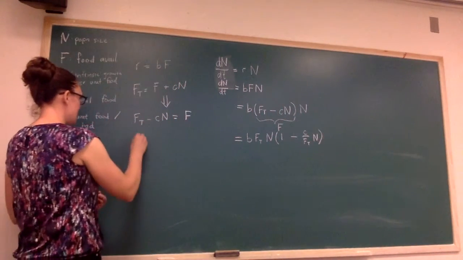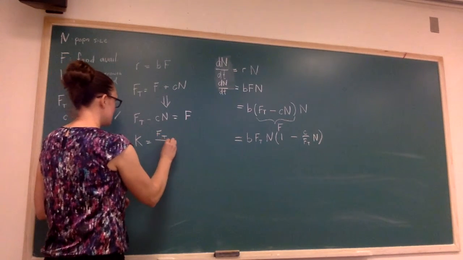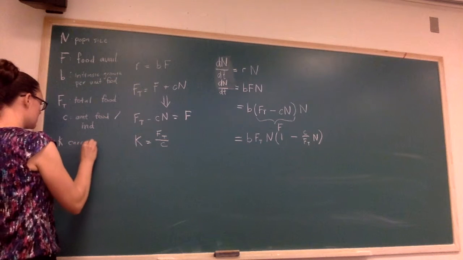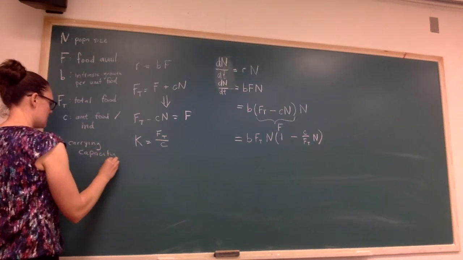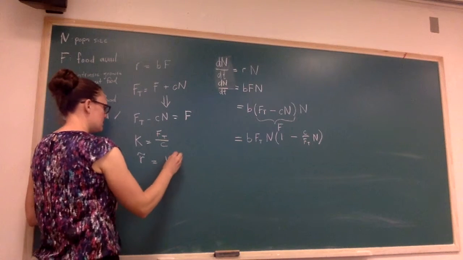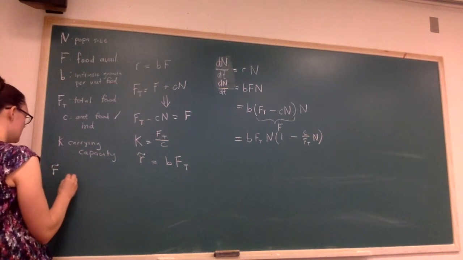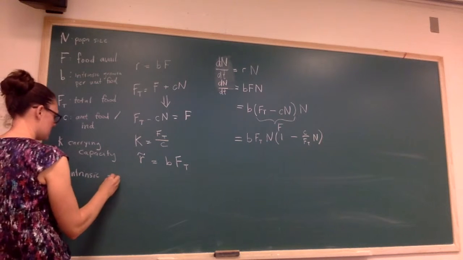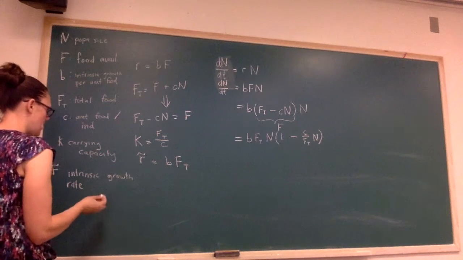And we're going to define K equal to F of T divided by C. So over here, K, carrying capacity, and I also want to define R tilde is equal to B F of T, and R tilde is the intrinsic growth rate at low population size.